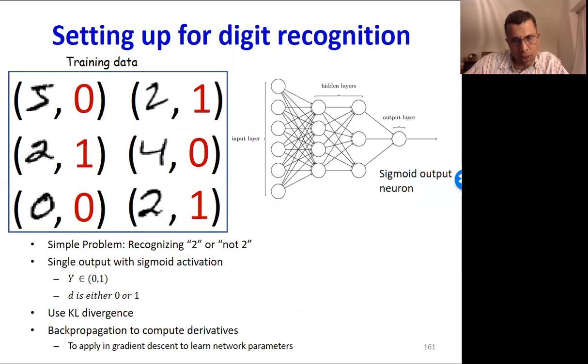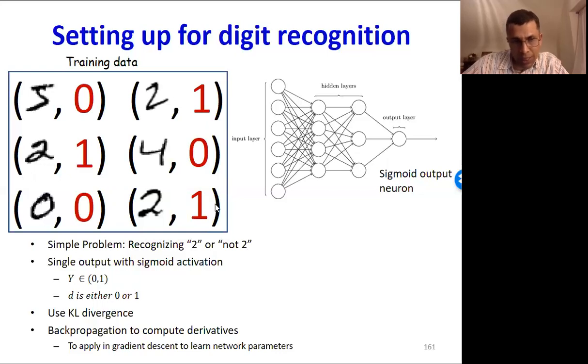And so when we set up for a problem, here's what we do. If we were setting up for digit recognition, our training data is going to be of this kind. The problem will be a binary classification problem, to recognize whether an instance is the digit 2 or not. So you'd have a network of this kind with a simple sigmoid activation. The output is going to be either 0 or 1. In this setting, you'd have training data of this kind, images of various digits, and a label telling you whether it's indeed the digit 0 or not.